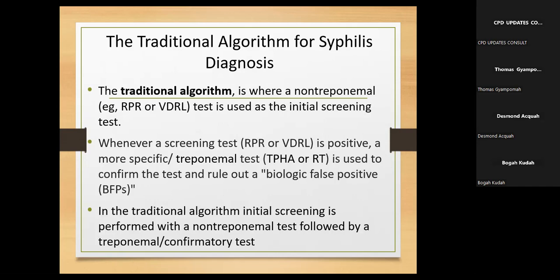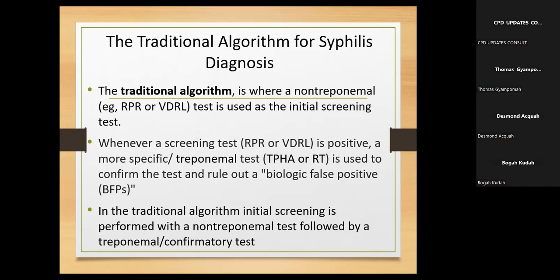That's the rapid test, the strip test. Now, I'm sure through this discussion you know that it's no longer a VDRL, but rather a TPHA. So where you should have done TPHA, you can do RT instead. Similarly, where you have to do VDRL, you can do RPR instead.